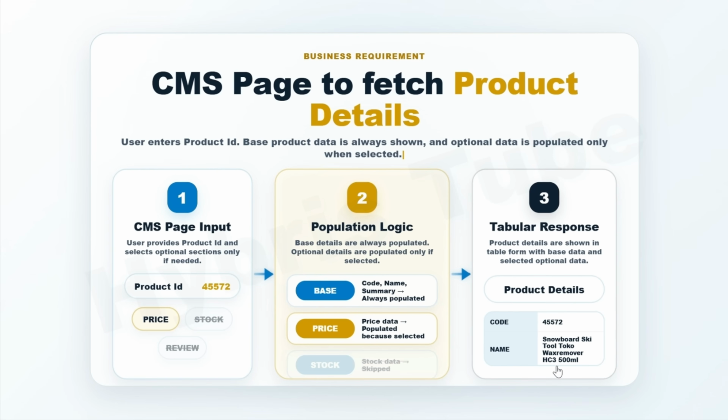Only if the user selects a particular option, for example price, then populate the additional price data along with the base product data. I hope the requirement is now clear to you.